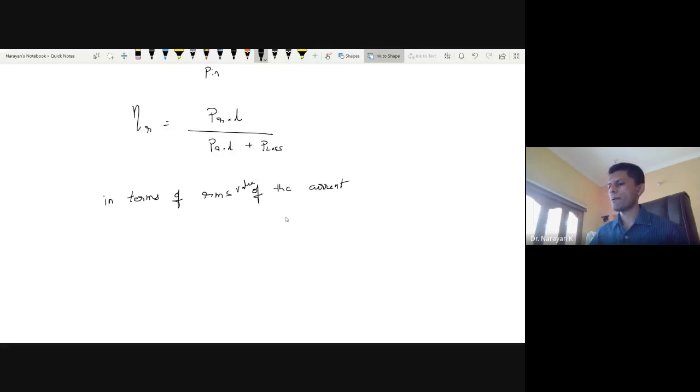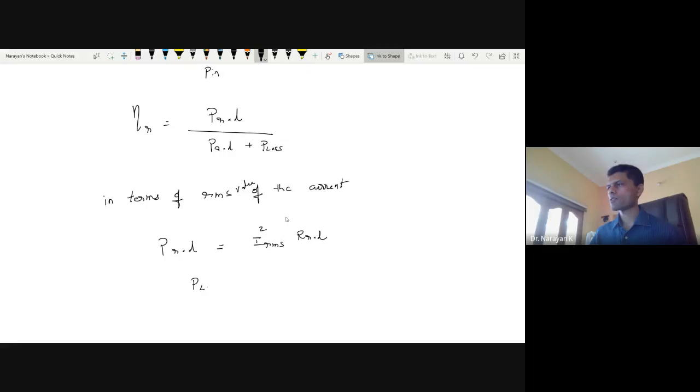I can write power radiated is equal to I square RMS value into radiation resistance. It has to overcome the radiation resistance. Apart from that, there is some other loss resistance.